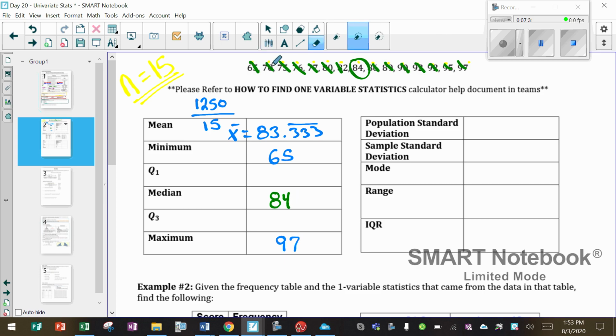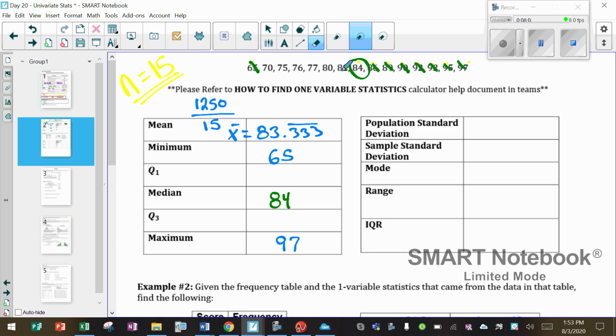So if our median is 84, now we have to find Q1, the lower quartile. So we count in from each end, from the median of 84 and from the minimum of 65, we have to find the score that's in the middle of those.